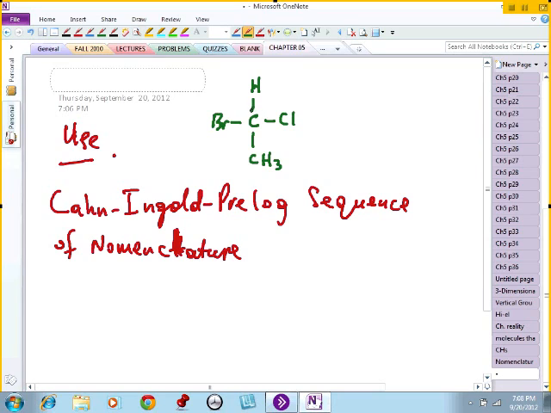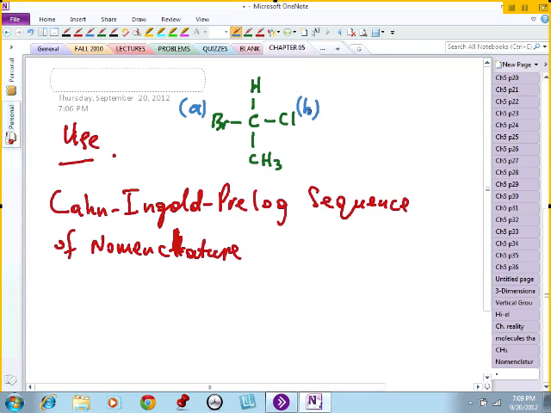So in that case, if we want to assign priority to the groups or atoms attached to this carbon here, which would be priority A? Based on atomic number, the higher the atomic number, bromine, exactly. So this is A. What would be priority B?